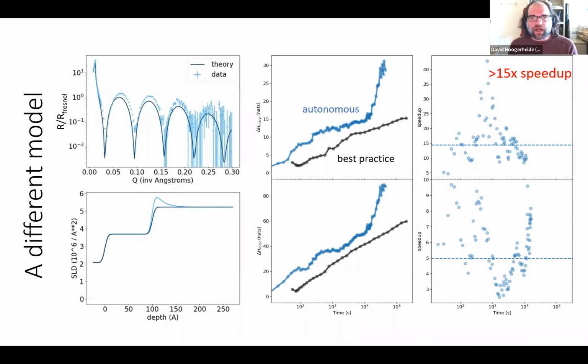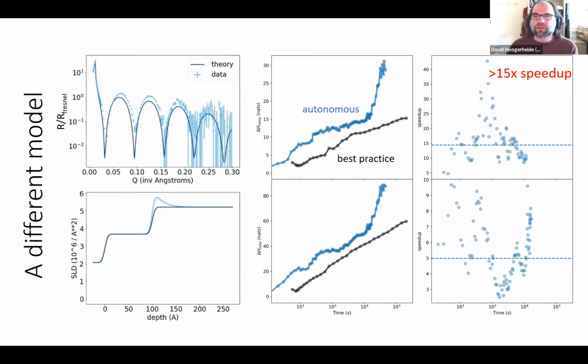Here's a different model. I can't tell you what this is. This isn't published or anything yet. But basically, you can see the difference in the scattering length density profiles, or the type of thing we're trying to look at in the scattering length density. It's got this sort of interfacial, some stuff piled up at an interface essentially. And in this particular case, we don't have best practices for this because we've never measured this type of sample before.